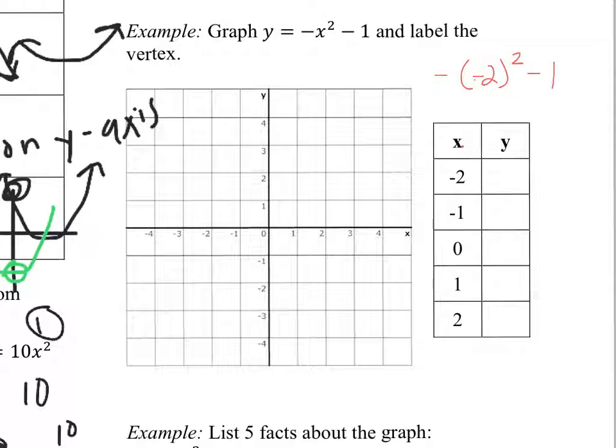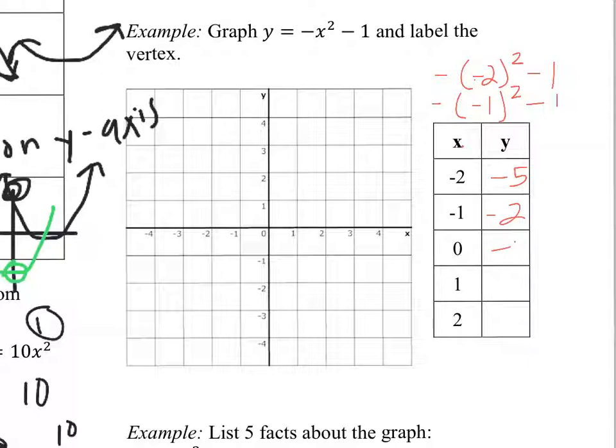So this right here means it's the opposite. So I have to do order of operations. I do the squared first, which is 4. -4 minus 1 is -5. And then I do the opposite of -1 squared minus 1. So this is -2. If I plug in 0, I get -1.